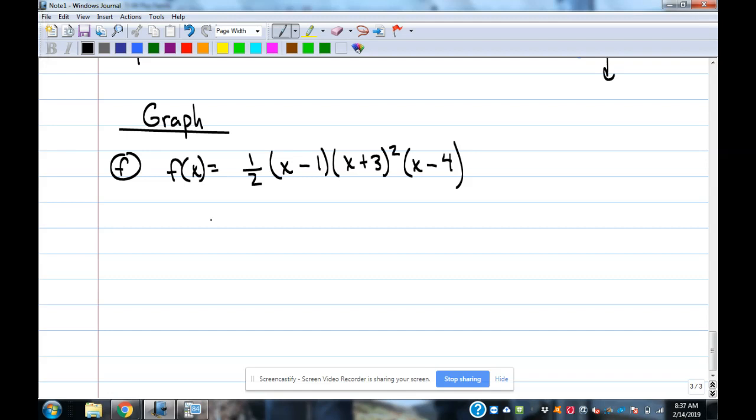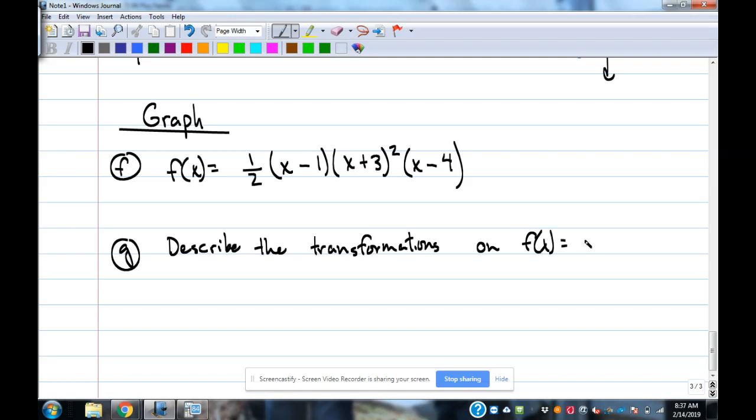Let's talk about transformations. This is coming up again. We talked about this in chapter 3. Describe the transformations on f of x equals x cubed.